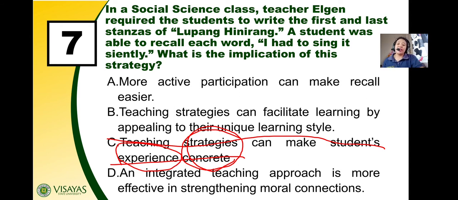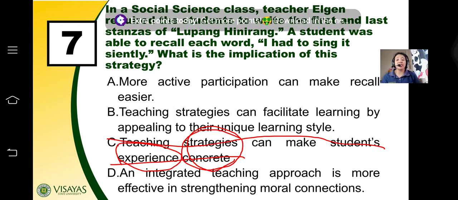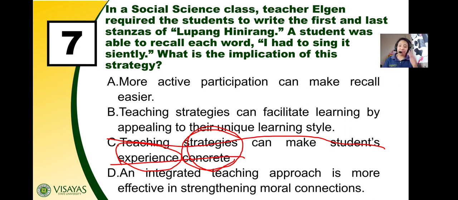Letter A, more active participation can make recall easier, and letter B, teaching strategies can facilitate learning by appealing to their unique learning styles. So, we have here letter A, more active participation can make the recall easier. They need to participate. Okay.